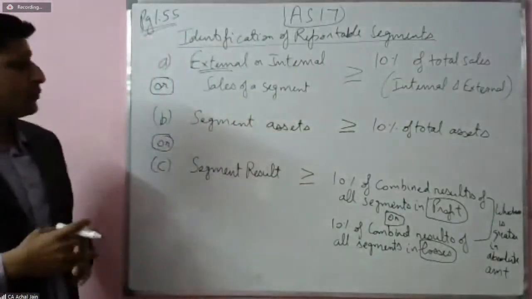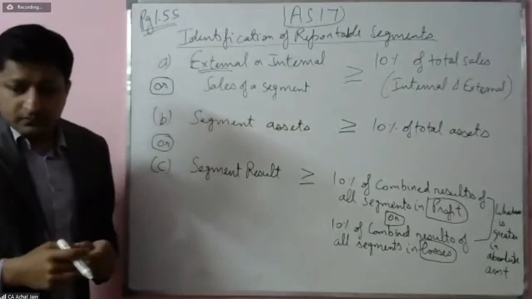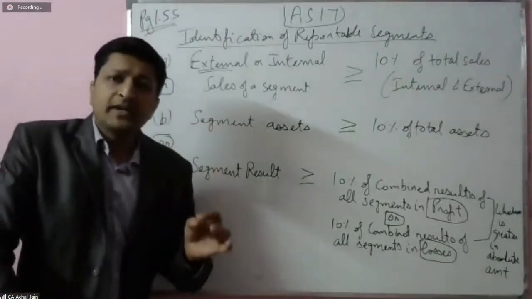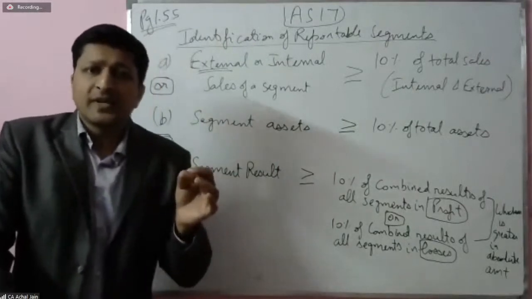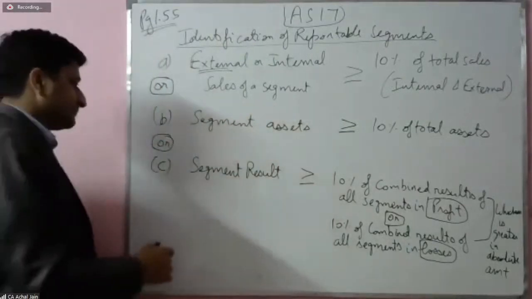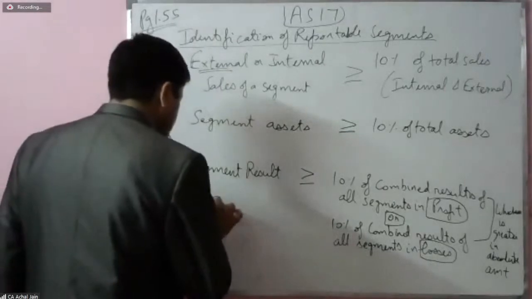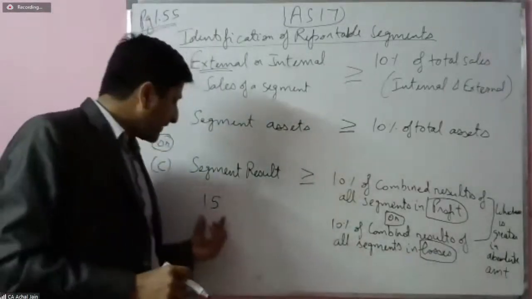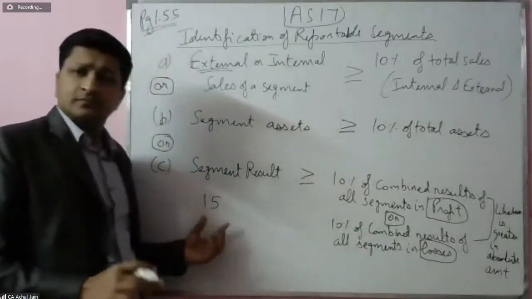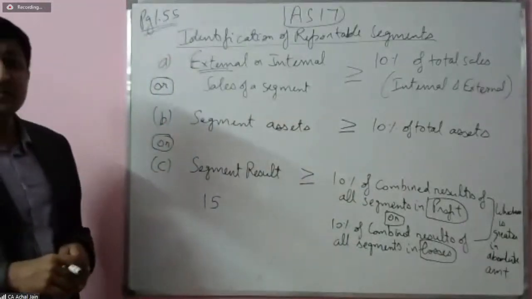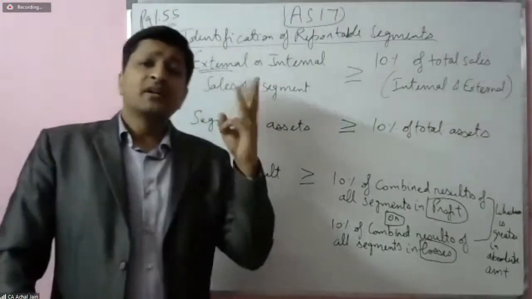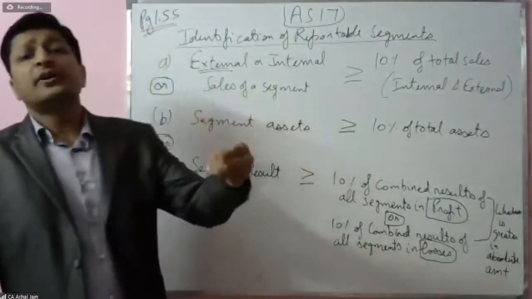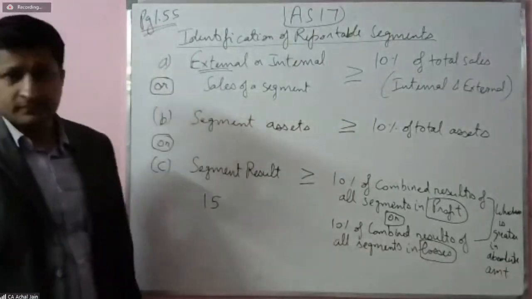Let's understand what it means. Say, for example, the segment result is rupees 15, meaning the profit of the segment is rupees 15. And let's suppose we have 3 more segments which are also into profit.